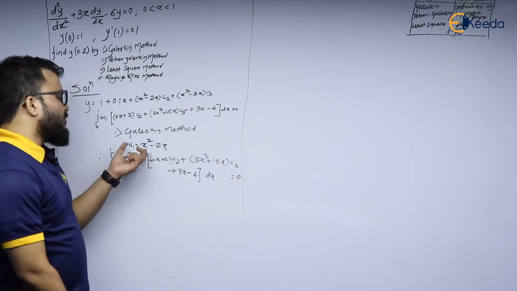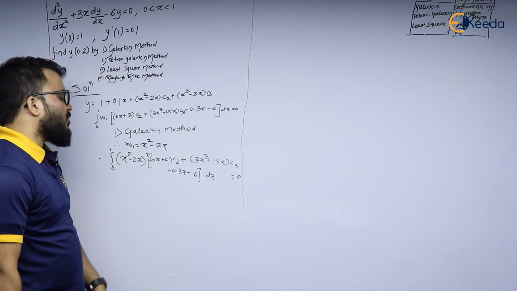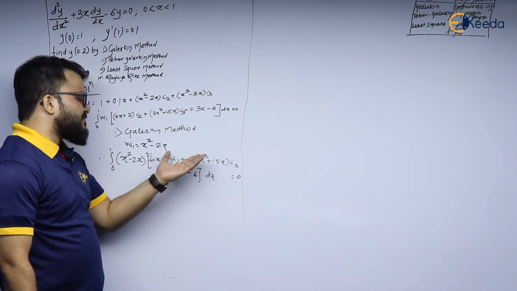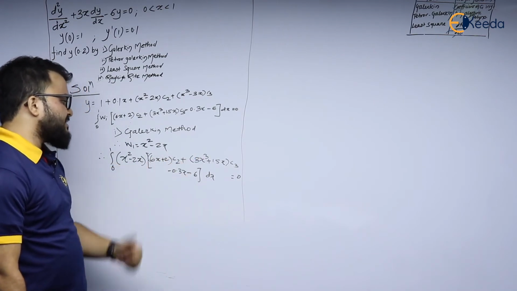So I put W1 in the weighted integral form. Now I will solve this bracket, and after that I will solve the integration.